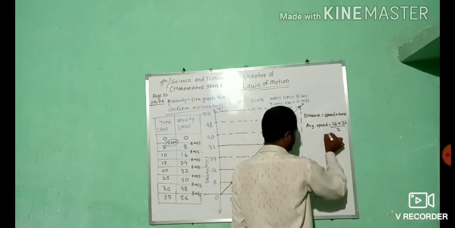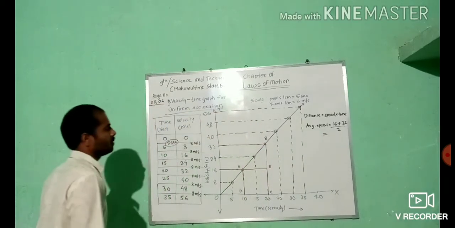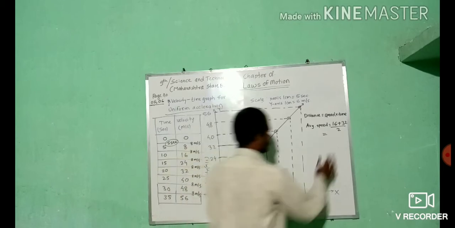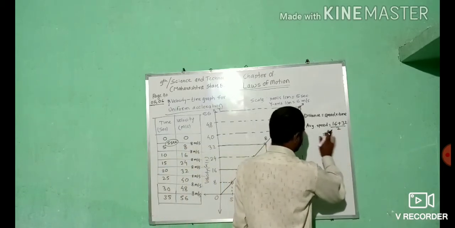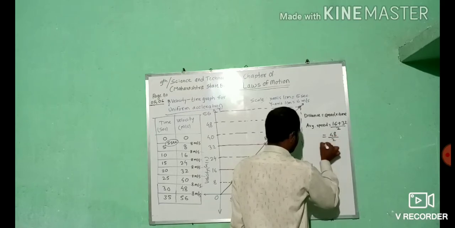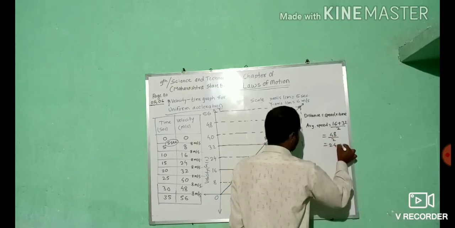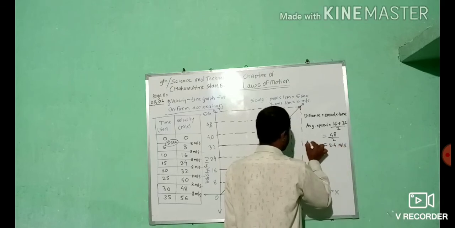So find out the average there. What is the average? Average speed is 32 plus 16, 48, divided by 2, so that is 24 meter per second. That is the average speed.